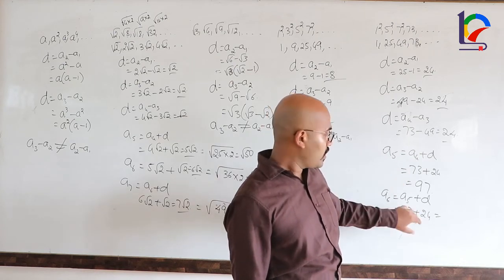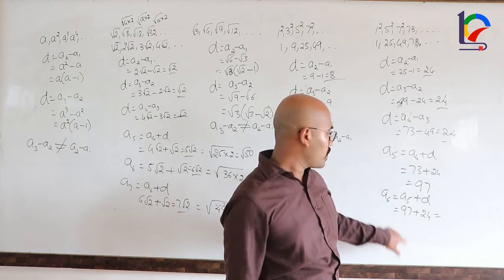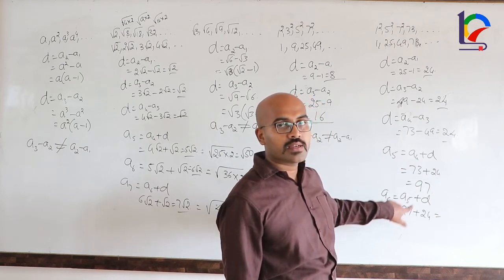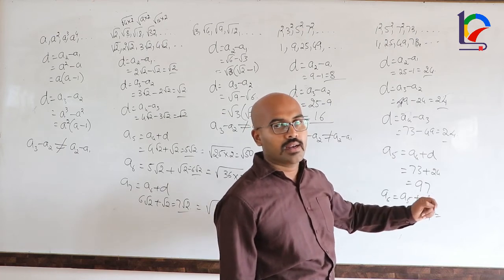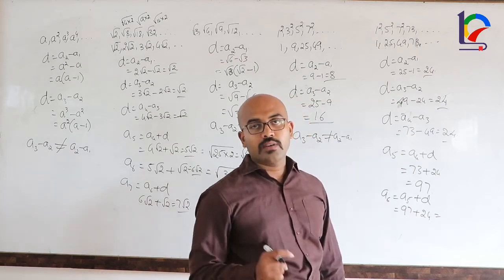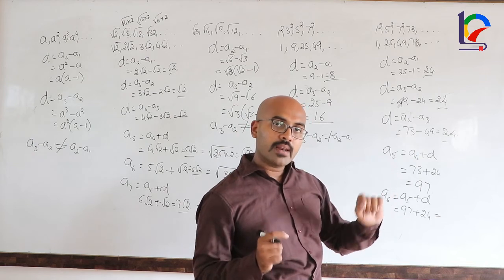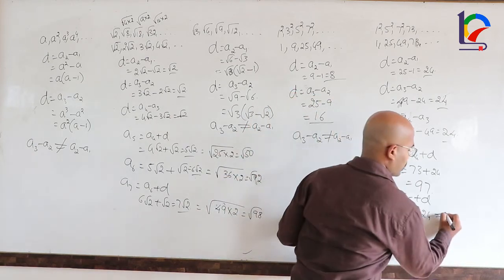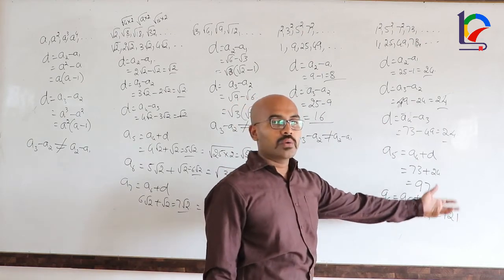What you can do is remove the 7 and 4 and keep them aside. So what are you left with? 90 and 20. What is 90 plus 20? It is 110. Then 7 and 4, when you add them, you get 11. So you need to add 110 plus 11. It is 121. So you don't have to write the calculation.